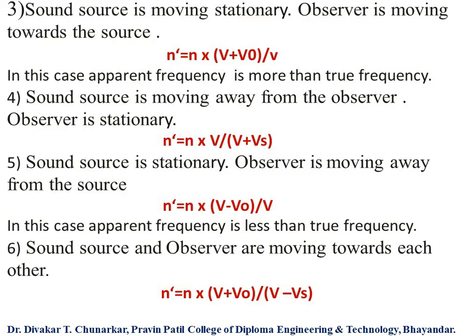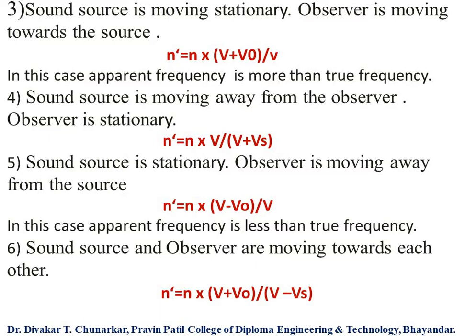Next, sound source is moving away from the observer and observer is stationary: n dash equals n into v upon (v plus vs). Next, sound source is stationary and observer is moving away from the source: n dash equals n into (v minus v0) upon v. In this case, apparent frequency is less than true frequency.